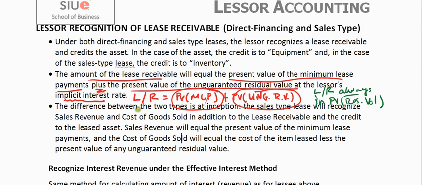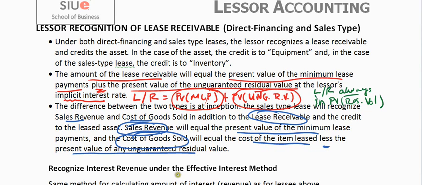Let's see. Finally, the difference between the two types of inception. All right. The sales type lease will recognize sales revenue and cost of goods sold, and still has the lease receivable. Okay. Sales revenue equals the present value of the minimum lease payments, and cost of goods sold will equal the cost of the item leased less the present value of any unguaranteed residual value.